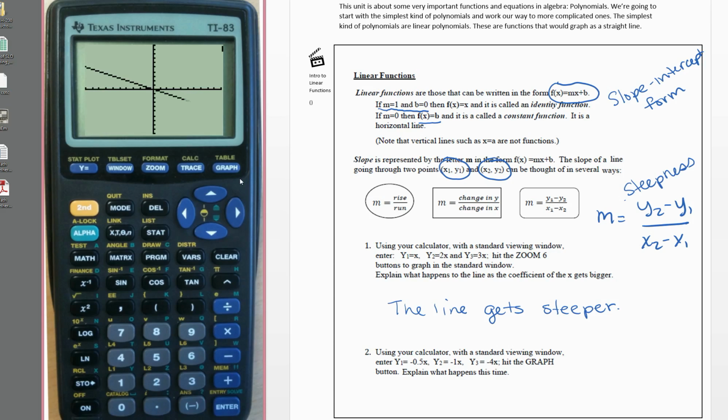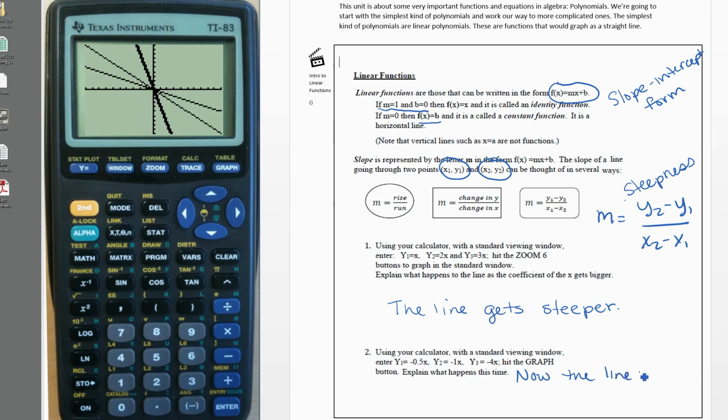Okay, there's our negative 0.5. There's the negative 1. And there's the negative 4x. Okay, so again, now they're decreasing. But as that absolute value gets higher, they get steeper.